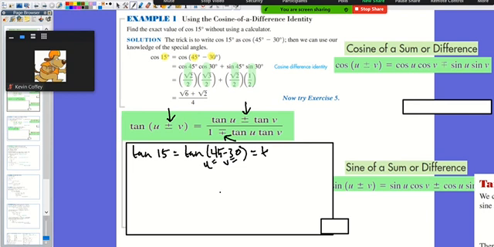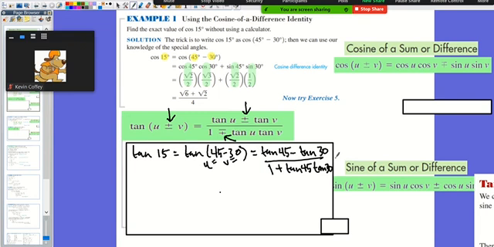This is going to equal tangent of 45 minus tangent of 30, over 1 plus tangent of 45 times tangent of 30.